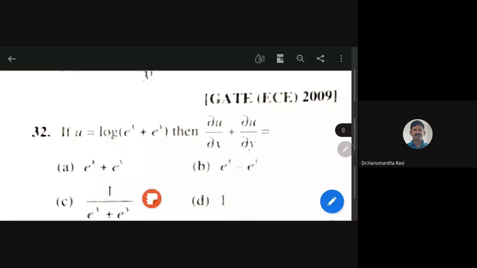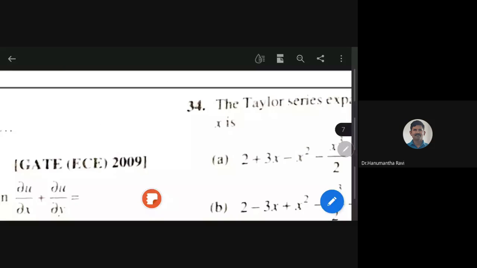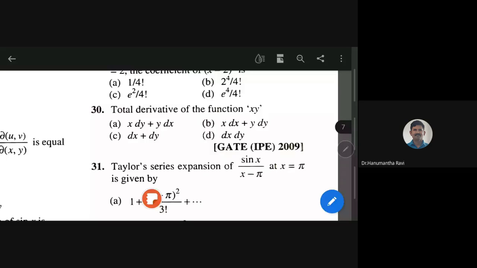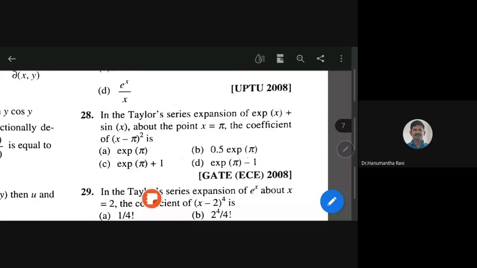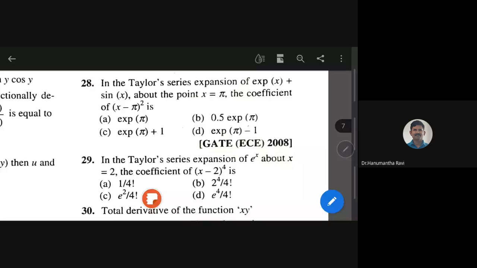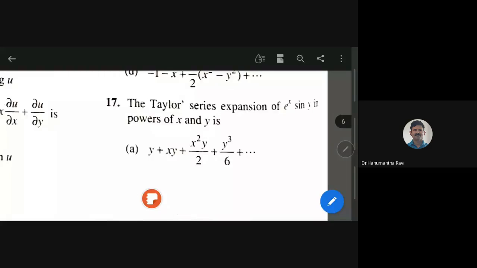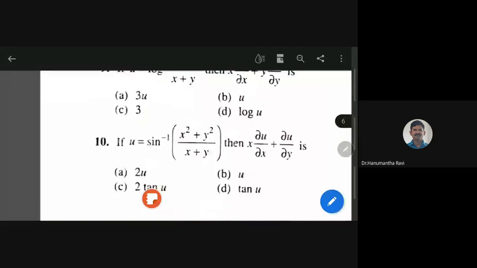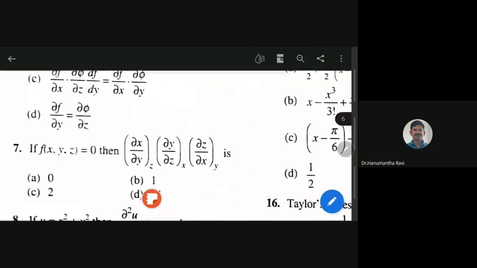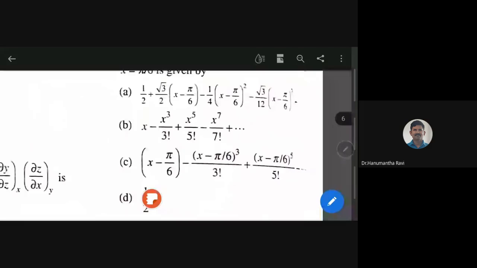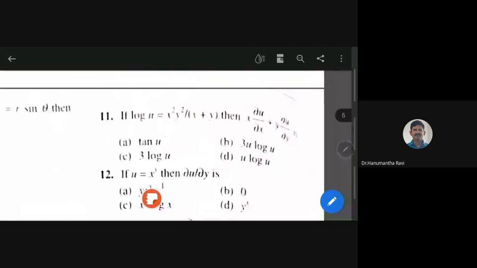This also we have done. Right, good. On Taylor series, we have done a sufficiently good number of problems. Yeah, I think this also we have done. Sine inverse we have done. Good. We have covered almost all problems here.